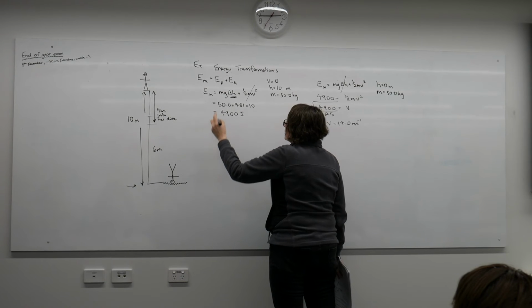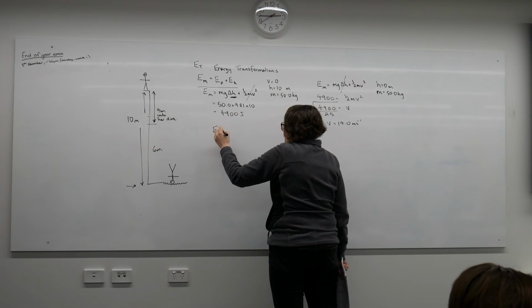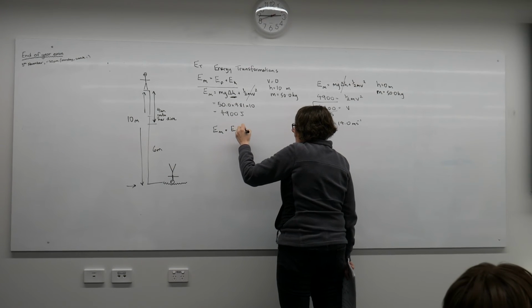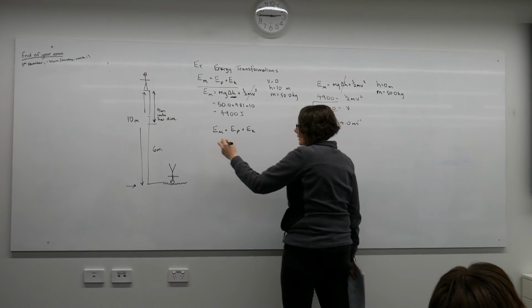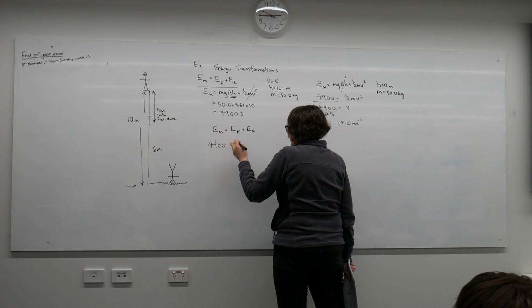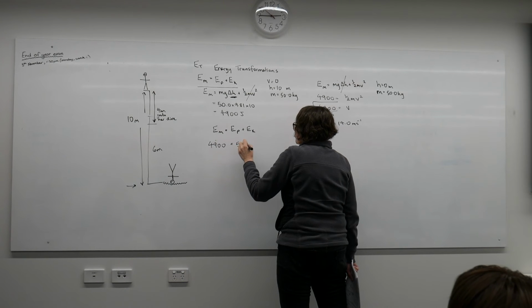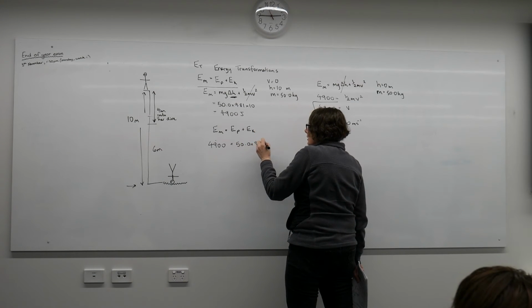Let's do that anyway. So we're still using this here. But there's going to be something for both, isn't there? 4,900 here is our total. We've got our mass times acceleration due to gravity.